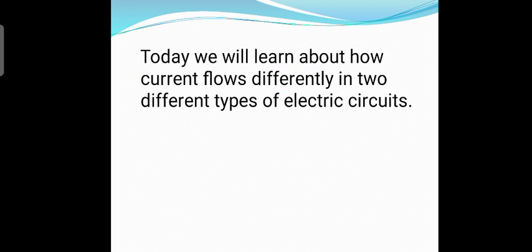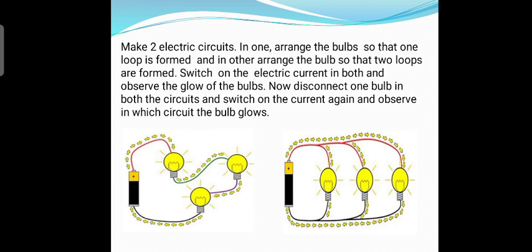So students, today we will learn about how current flows differently in two different types of circuits. For this, you have to make two electric circuits by using the resources. In one, arrange the bulbs so that one loop is formed, and in other, arrange the bulbs so that two loops are formed.